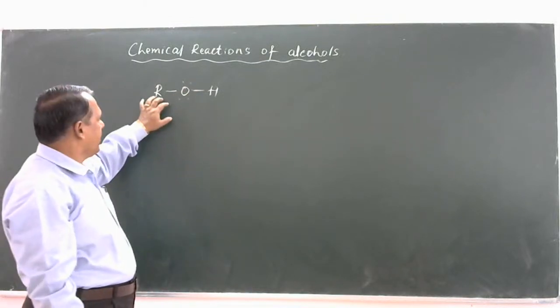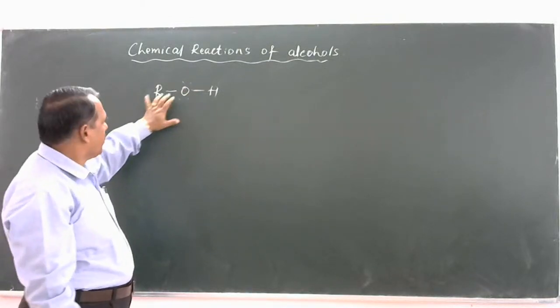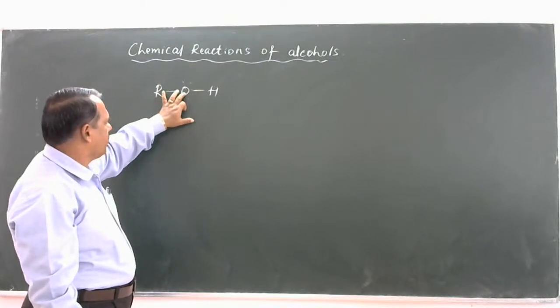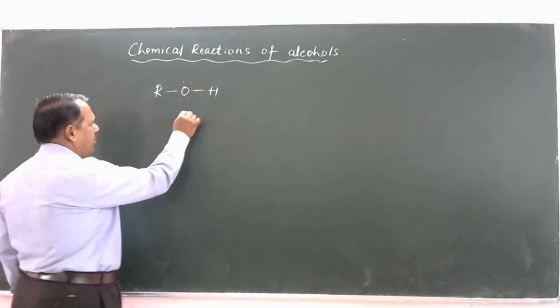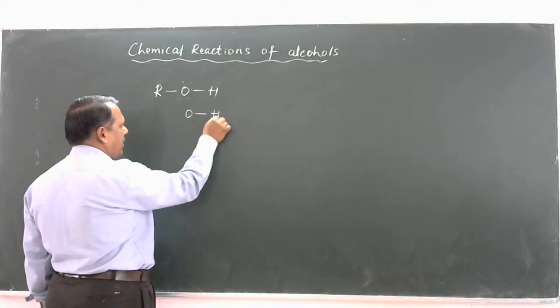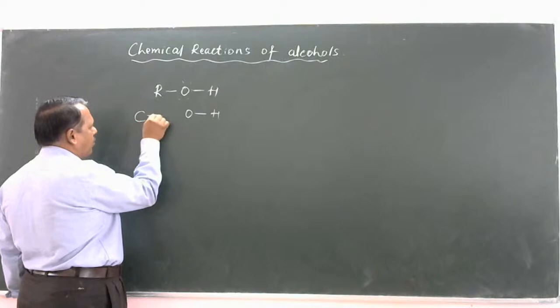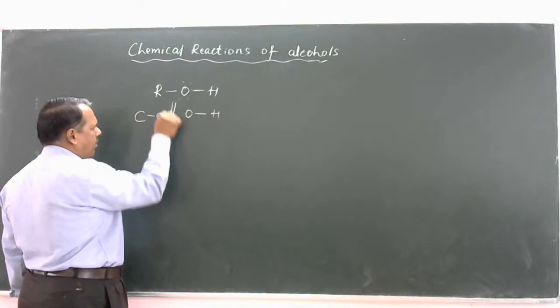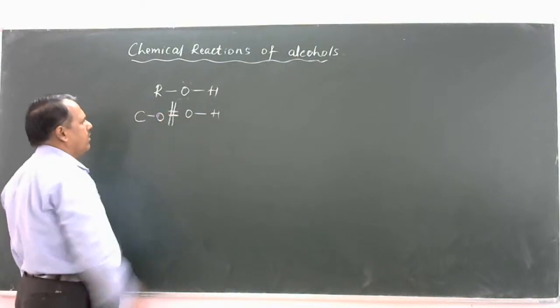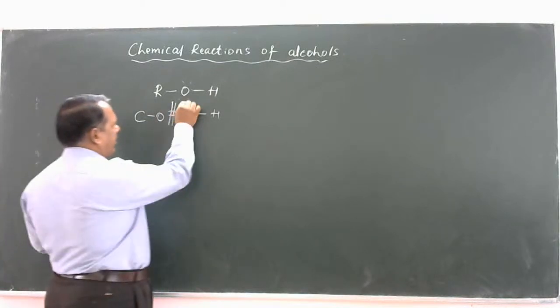So you can find two types of bonds here. One is the oxygen to hydrogen bond, and another is the alkyl group attached through the carbon to oxygen bond. These will be separated.